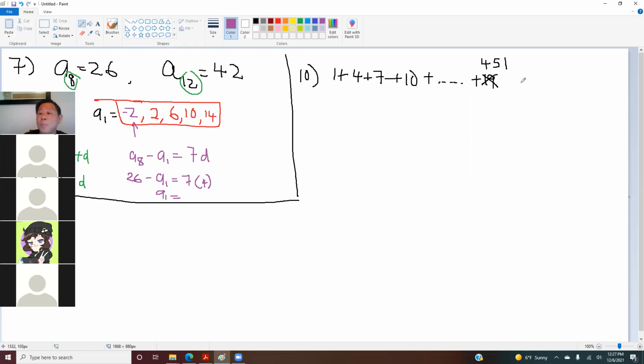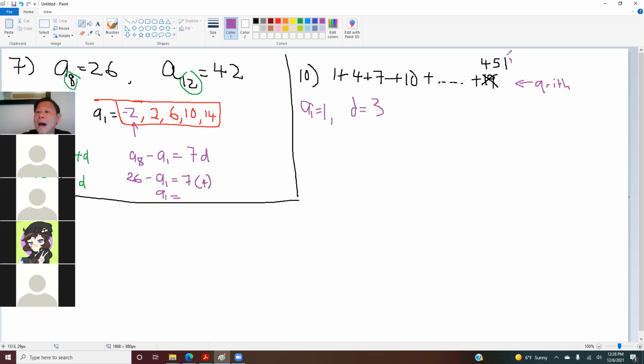This is an arithmetic sequence. How do we know this is an arithmetic sequence? Anyone? D is constant, which in this case is 3. Yep. So the good news is we know A1 is 1 and D is constant, which is 3.